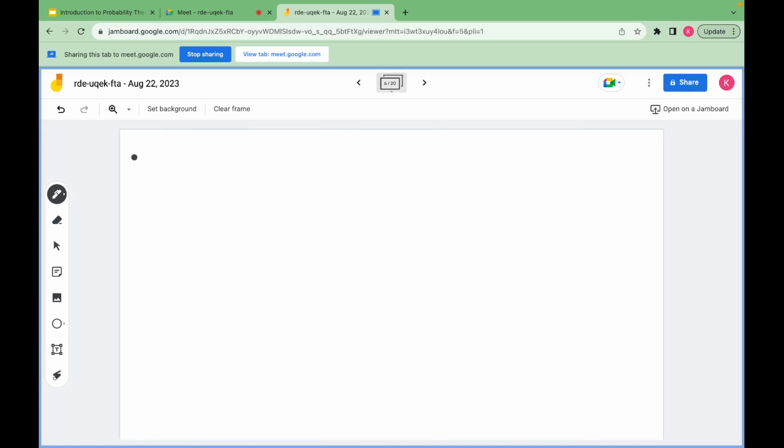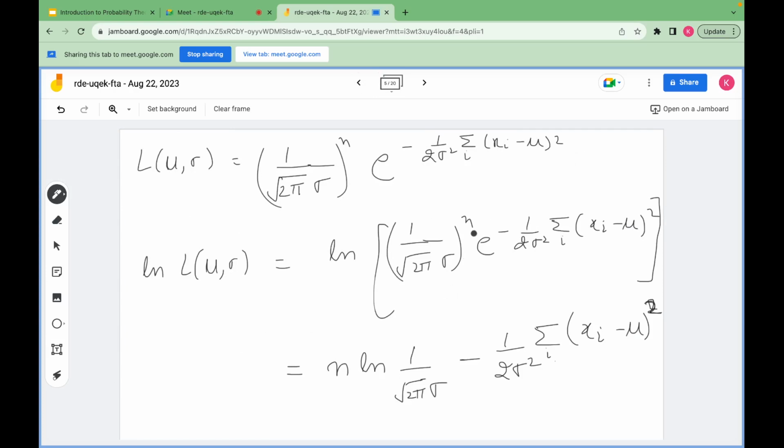Okay, and we can write this again as n ln 1 upon root 2 pi minus n ln sigma. So I am just detaching these two quantities.